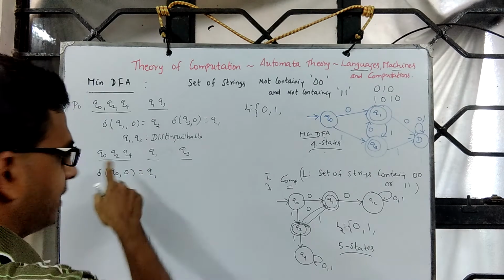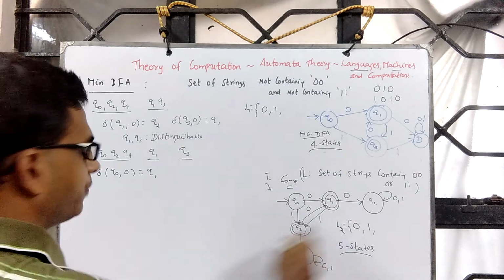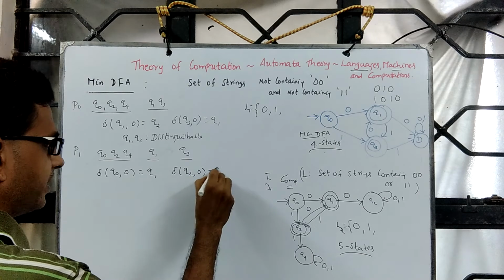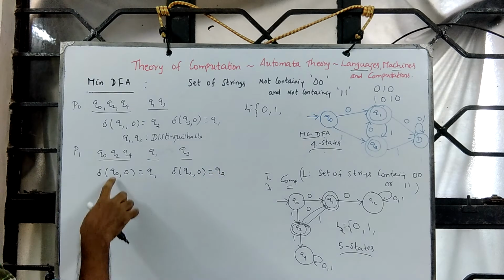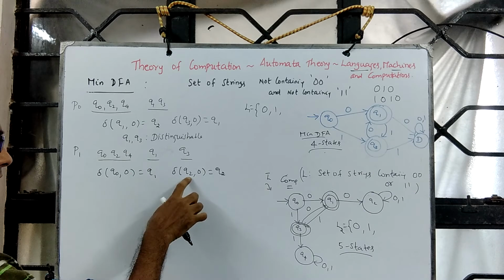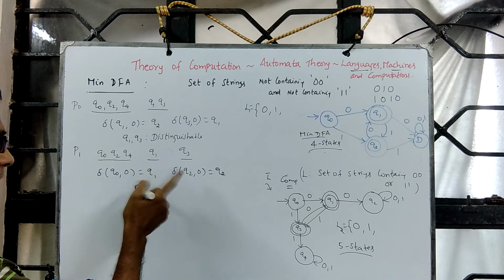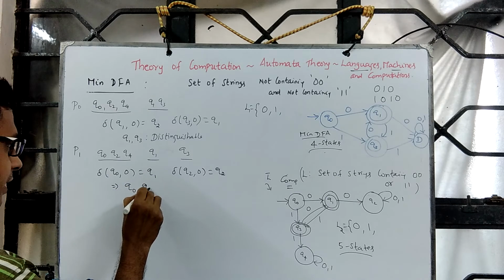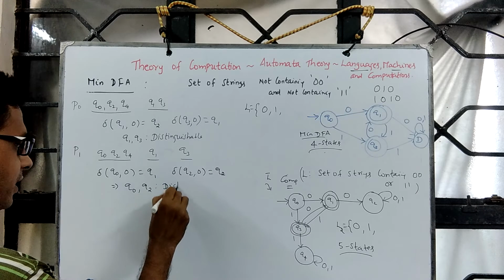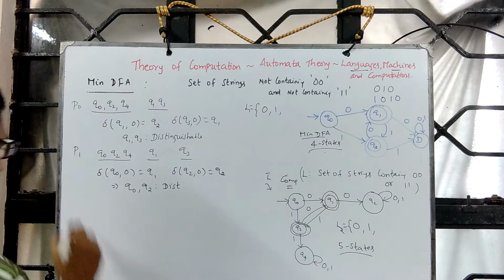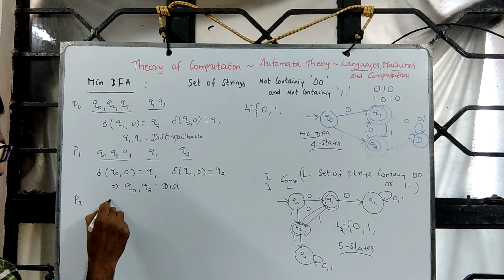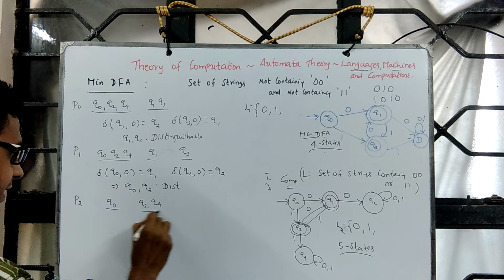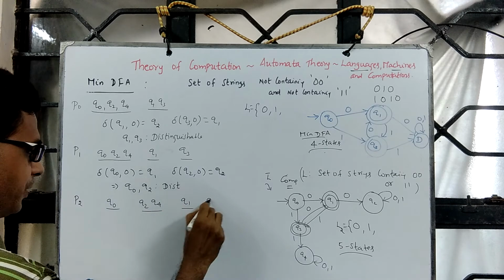And then look at Q2. Delta of Q2 comma 0 is Q2 itself. So Q0 output is Q1, Q2 output is Q2, and they are in two different blocks. This implies that Q0 and Q2 are distinguishable. So go to the next partition, in which split Q0 separately, Q2, Q4 separately, Q1 and Q3.